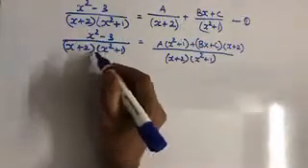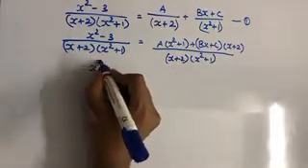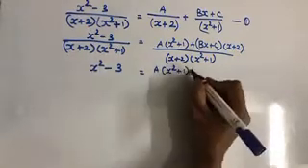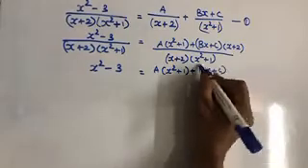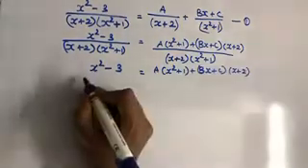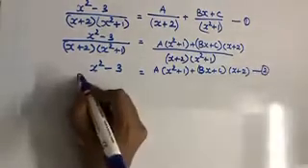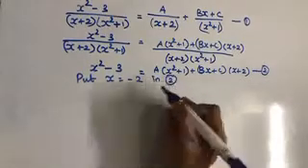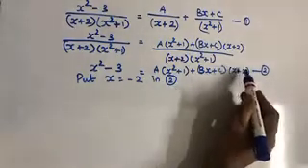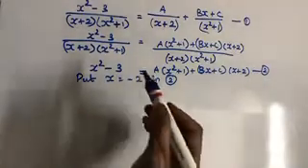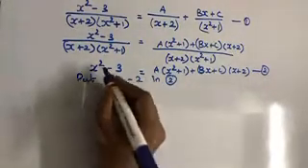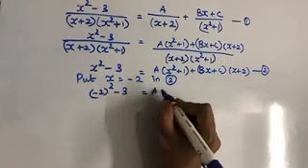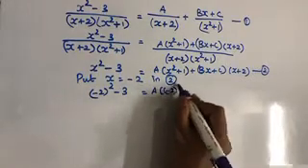Here we can cancel the denominator and write the numerator: x square minus 3 is equal to a into (x square plus 1) plus (bx plus c) into (x plus 2). That is equation 2. Put x is equal to minus 2 in equation 2. If I put minus 2 here, this term will become 0, and while multiplying it with 0, the whole term becomes 0. So, minus 2 square minus 3 is equal to a into (minus 2 square plus 1).